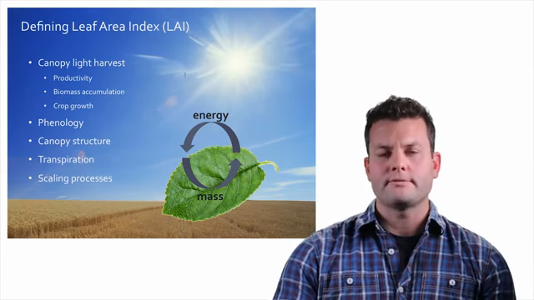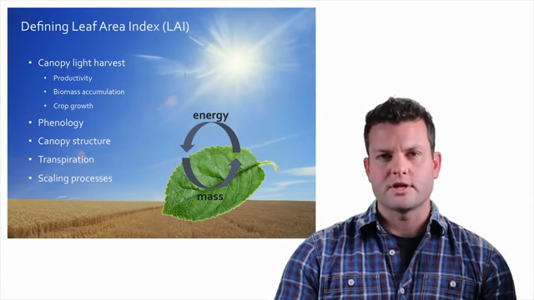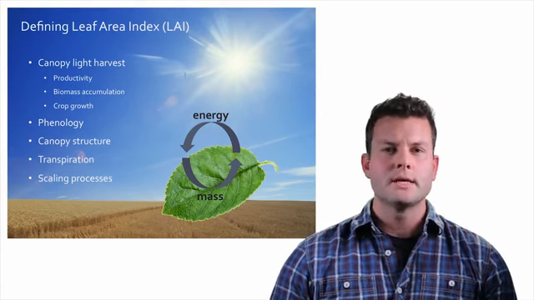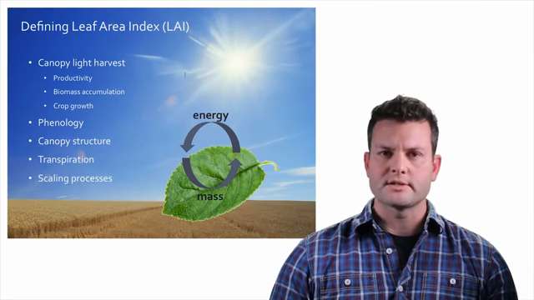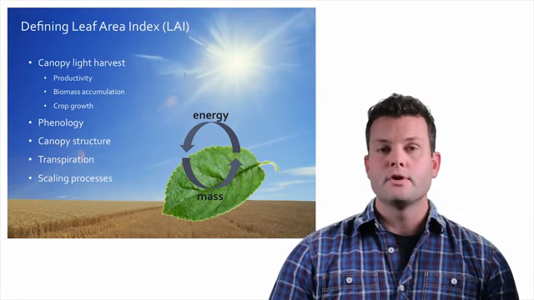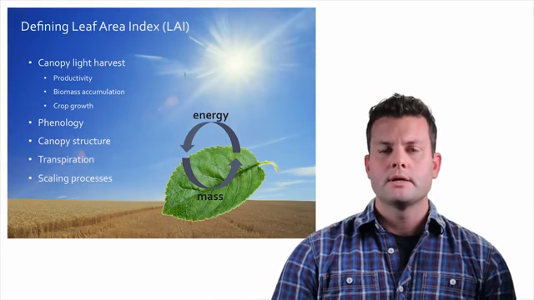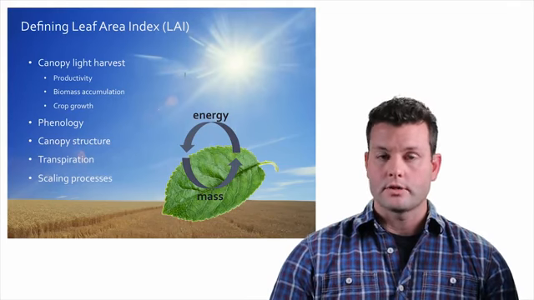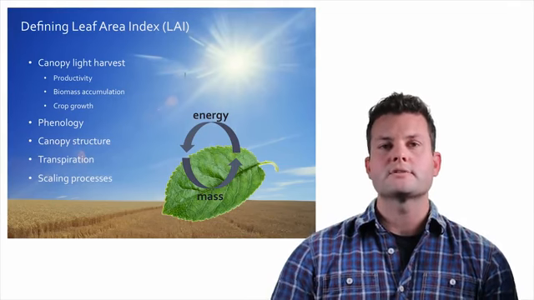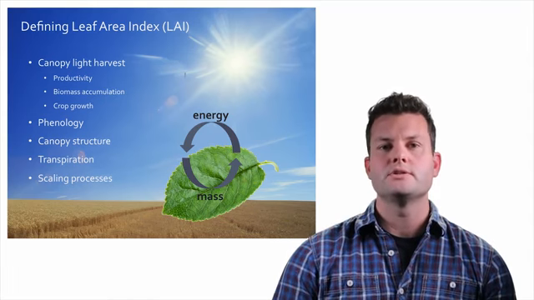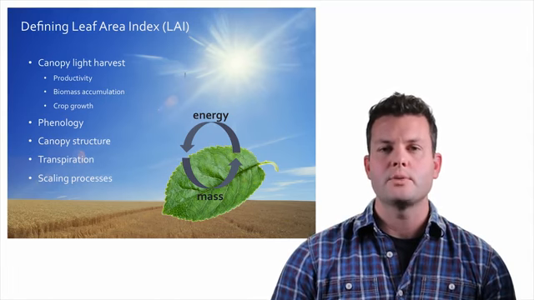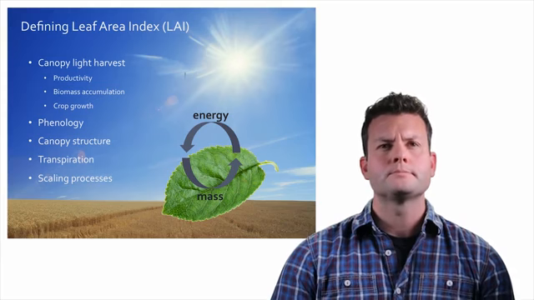So at the surface of the leaf, we have these exchange processes. So you can imagine that if we understand these processes at the leaf level, and we know how many leaves are in a canopy, LAI then gives us a really convenient method to scale these processes to the canopy level and beyond.